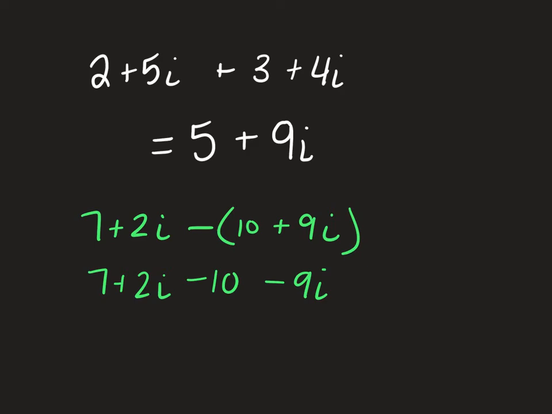So 7 minus 10 is -3, and then 2 minus 9 is -7, there we go. All right, so -3 minus 7i, that's your answer.